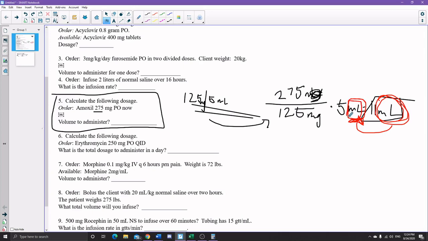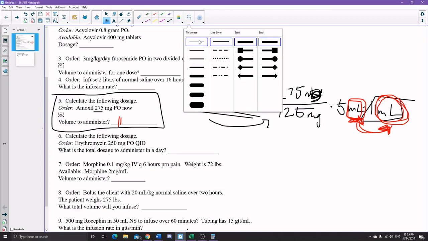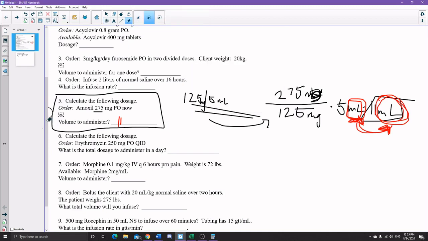Okay? That's why we multiply by the milliliters. Even if this number was 1, which wouldn't make a difference, we still do that to make sure that you have that correct unit. Okay? So our answer would be 11. Right? Okay, let's move on to the next question.